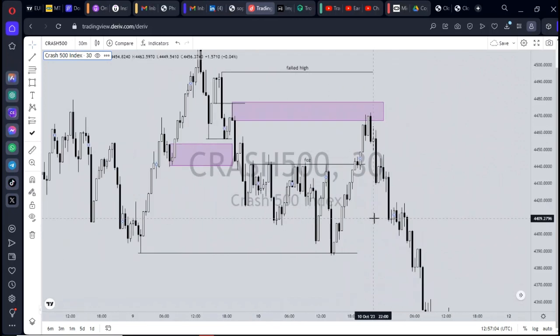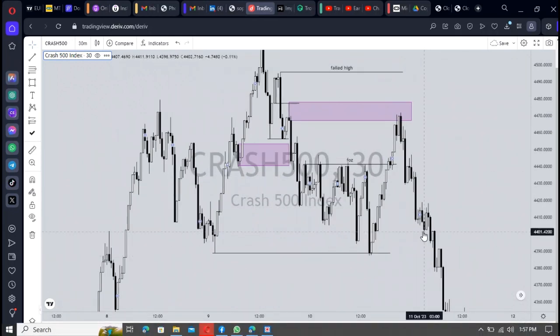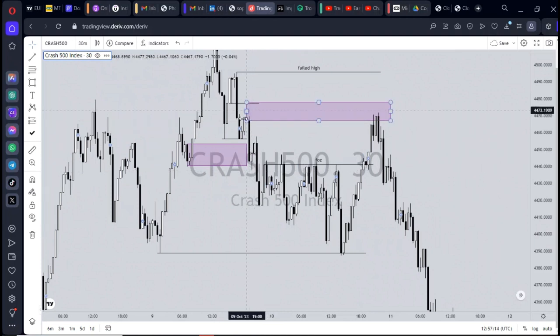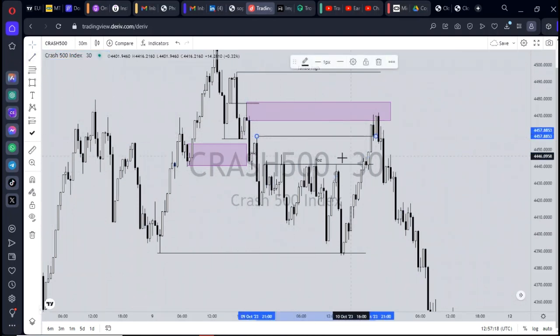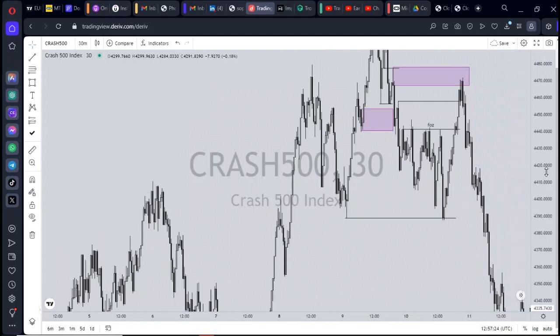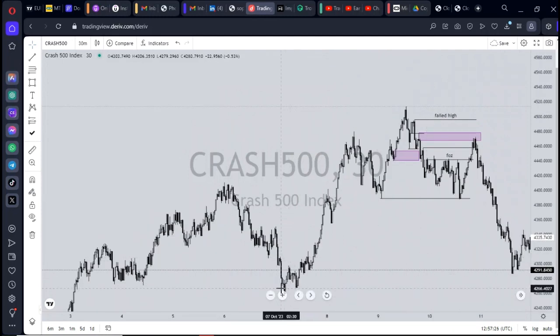That means the institution will have to go take that liquidity and sell to those who are trying to buy. So since you have your liquidity assessment above your point of interest, your bearish order block, we also have this inducement right here, and then the draw on liquidity is this area right here, and my target was this one right here.